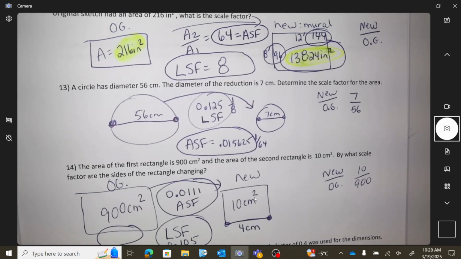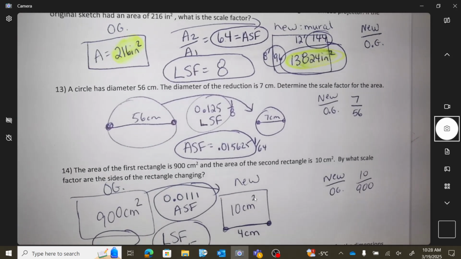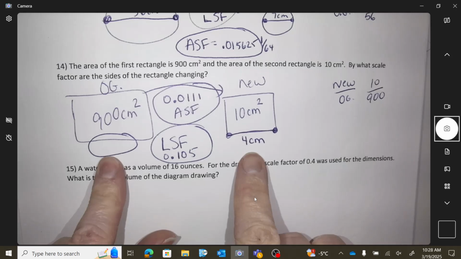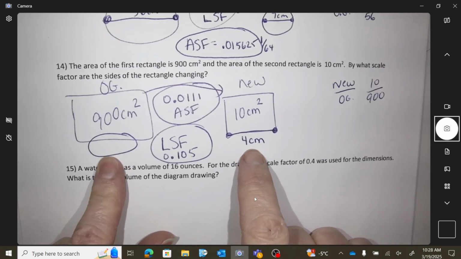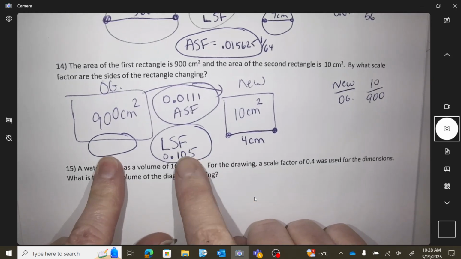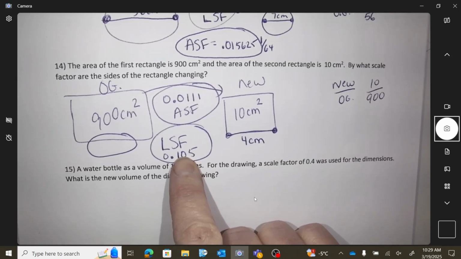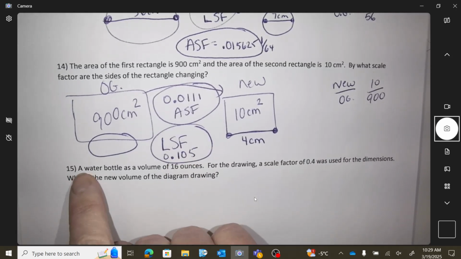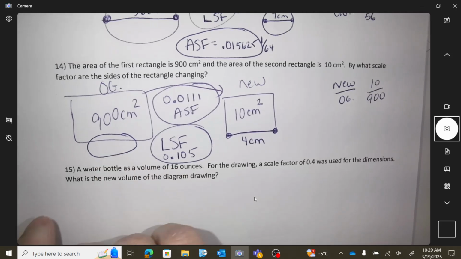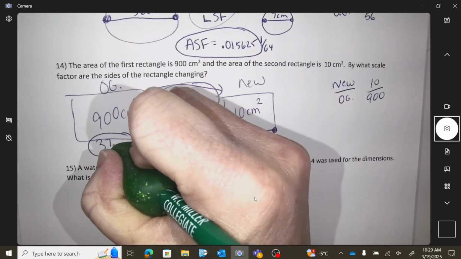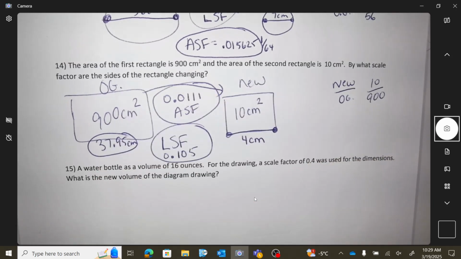Okay, so can you now get me the original bottom of this rectangle? The new bottom had a 4. This is the comparison with the sides. So this divided by that: 37.95 centimeters.